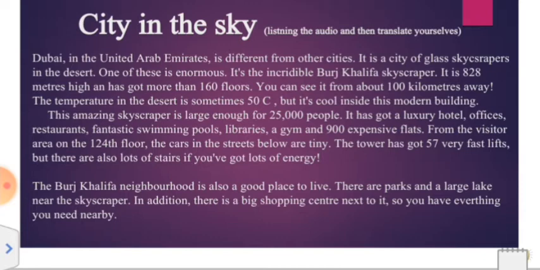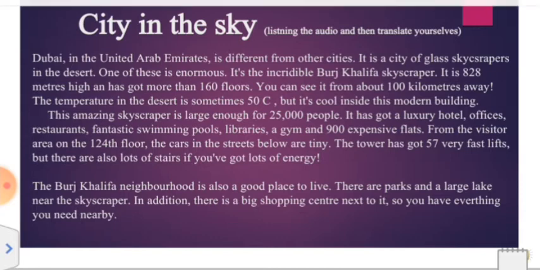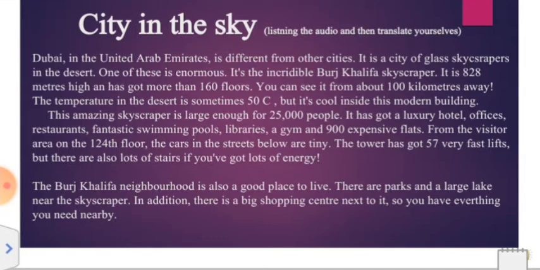From the visitor area on the 124th floor, the cars in the streets below are tiny. The tower has got 57 very fast lifts. But there are also lots of stairs if you've got lots of energy.